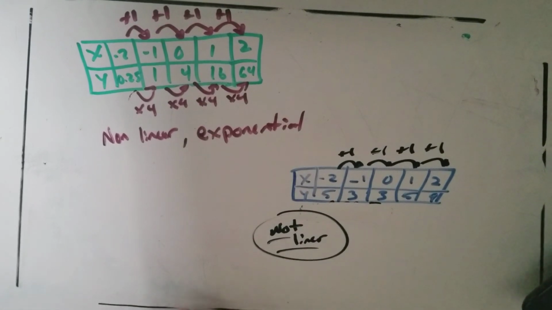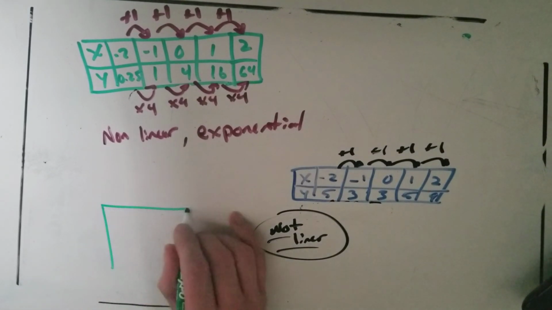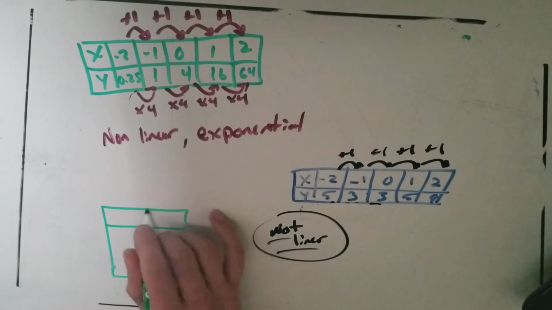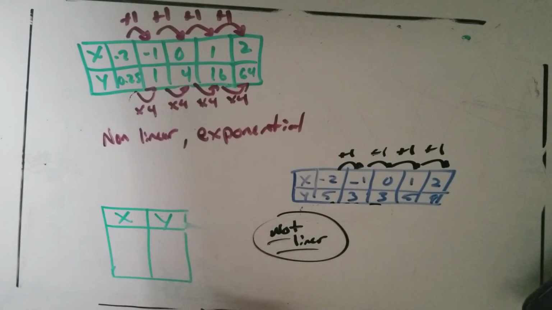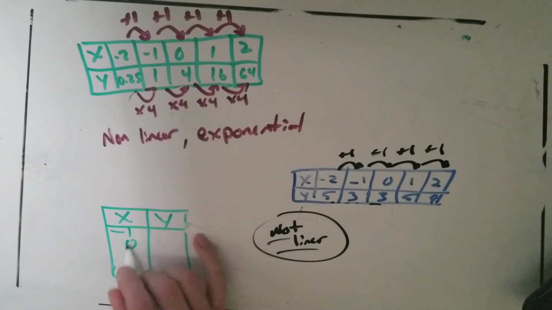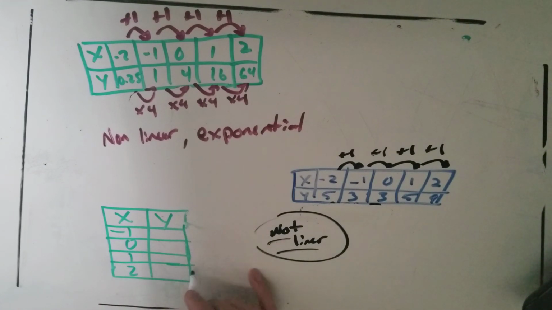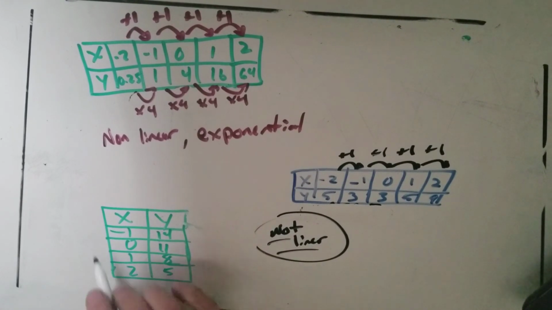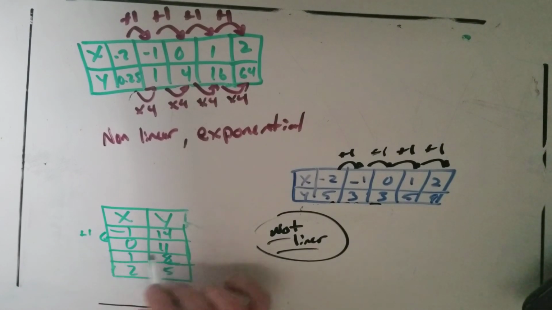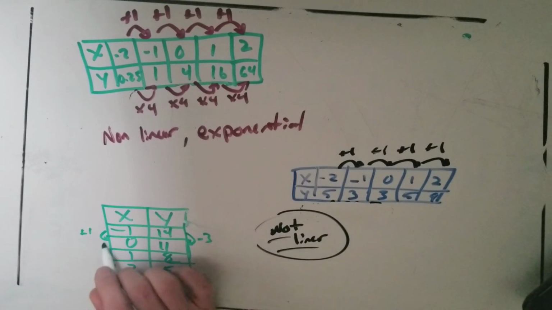Our last one, we have x and y, 4 inputs: -1, 0, 1, and 2. I'm erasing as I go. We have 14, 11, 8, and 5. Check for your constant rate of change. Go up 1, -3.